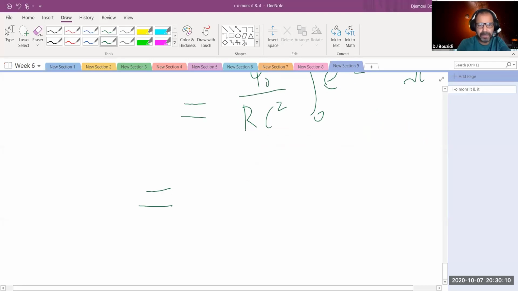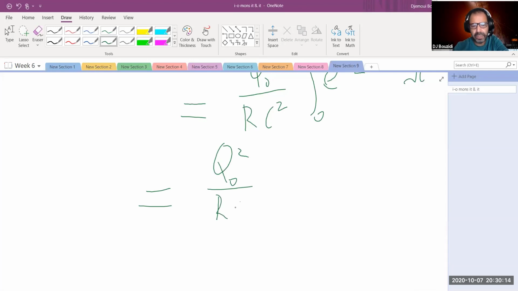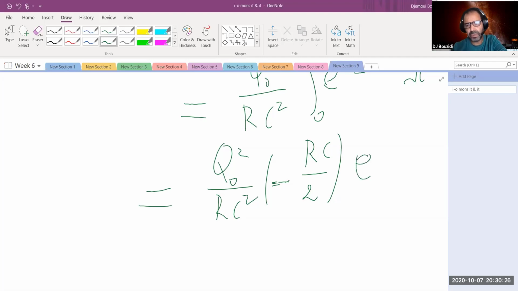So in this case, Q naught squared over RC squared times minus, don't forget the minus, RC over 2. And then the antiderivative of the exponential is the exponential itself, which is exponential of minus 2t over RC. And the value is between 0 and infinity. Cancellations are in order in here.